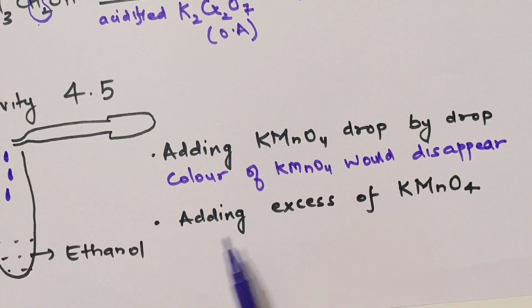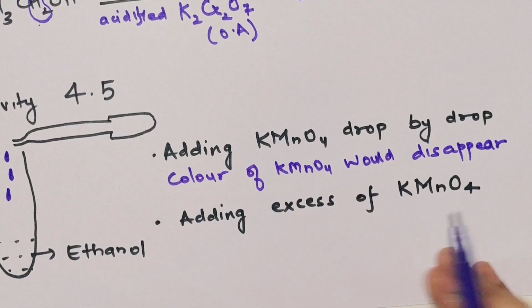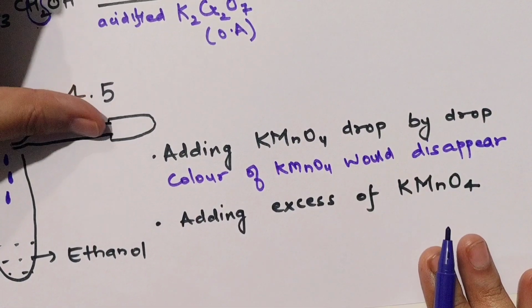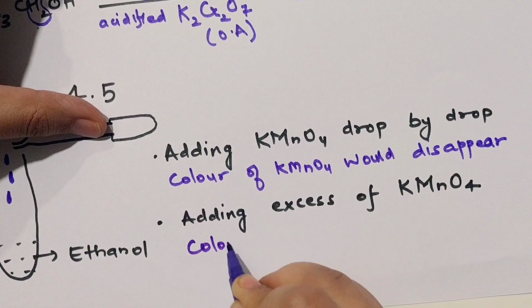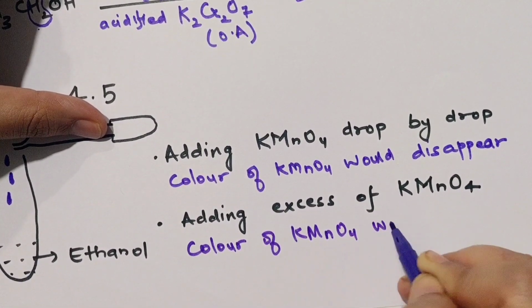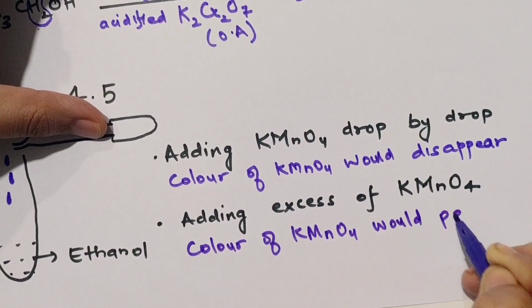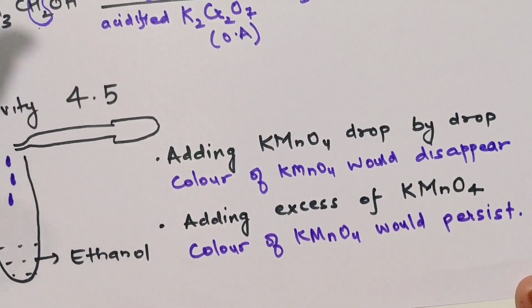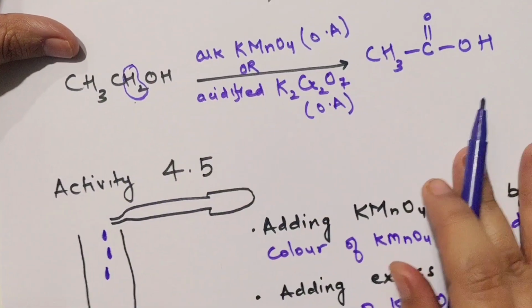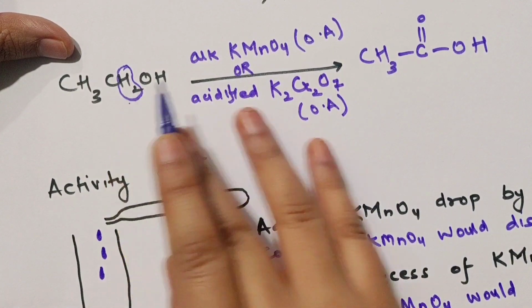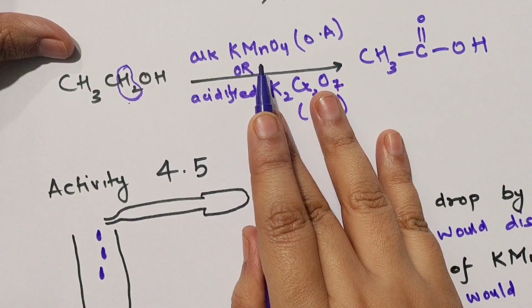What happens if you add excess of it? Now you've added KMnO4 drop by drop and the color discharges, but if you keep on adding, the color would persist. Why is that? Because now all of the alcohol has been converted into acid by using KMnO4.